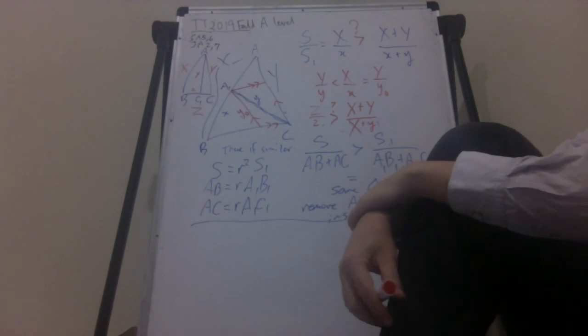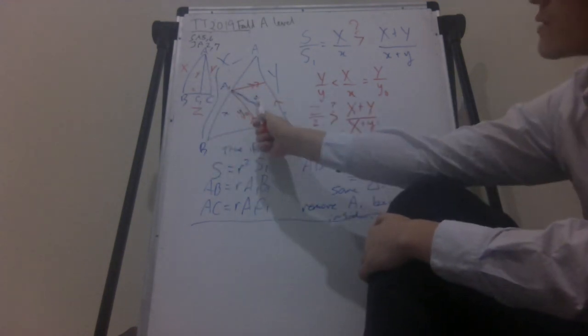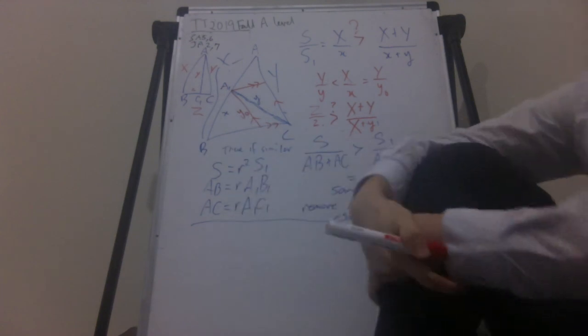So there's two things, okay? So there's showing this case, and it's showing that this y is always bigger than this y naught, okay?